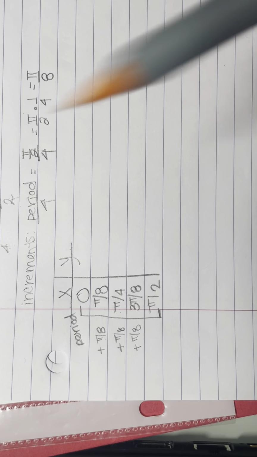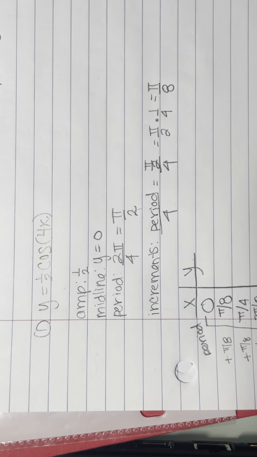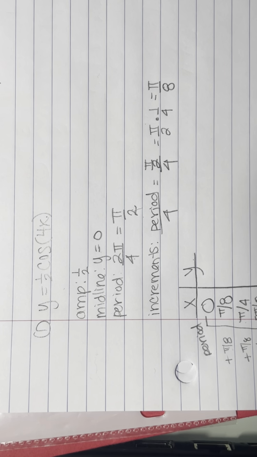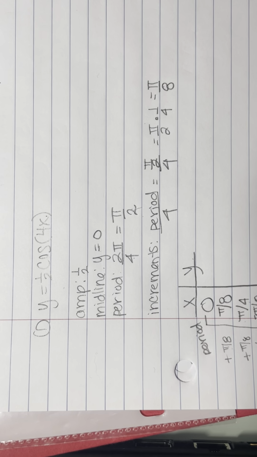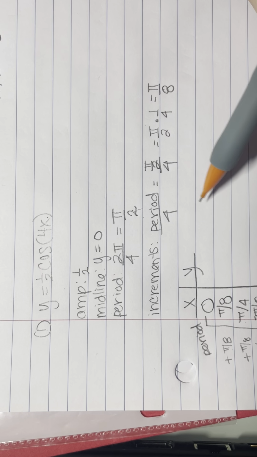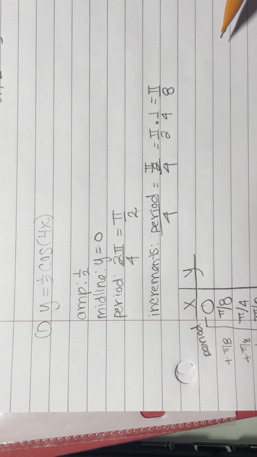Okay, so we got to remember the shape of that cosine graph. Our original cosine graph, if you go back to the notes that we were just working on, starts up on the y-axis, and then goes down and scoops back up.